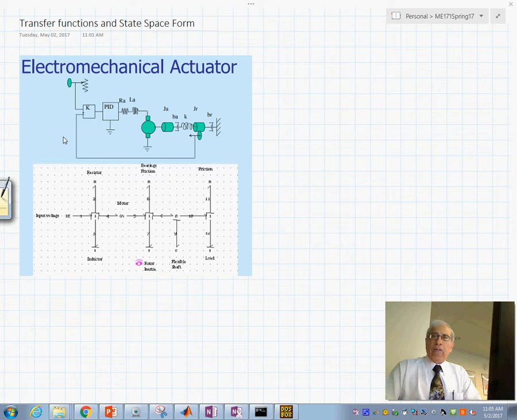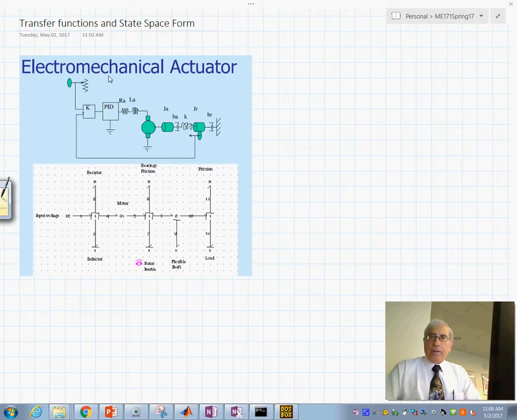In order to do that, we have to understand the relationship between the state space form and the transfer function. So my idea is, let's take the second point first, because it will help us understand the first.